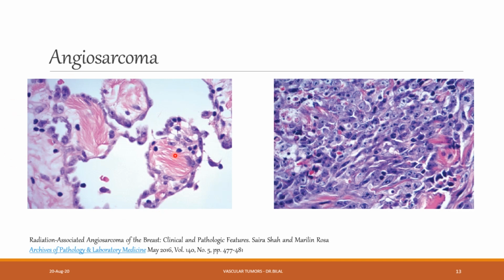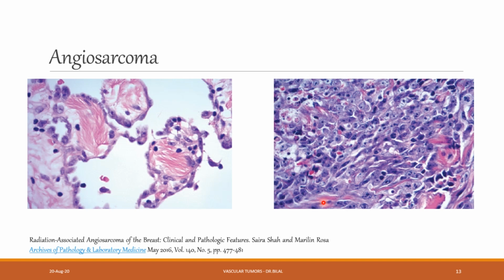The cells lining these interconnected vascular channels show a high degree of atypia. You can see many of the cells are enlarged. Some of the nuclei are prominent, and here there are a lot of nuclei that are prominent. The large epithelioid kind of cells have prominent nuclei. There's marked atypia.